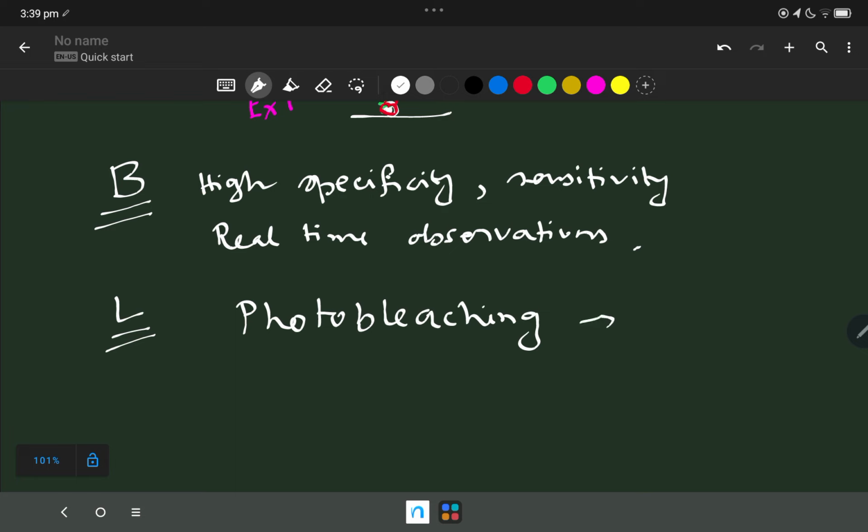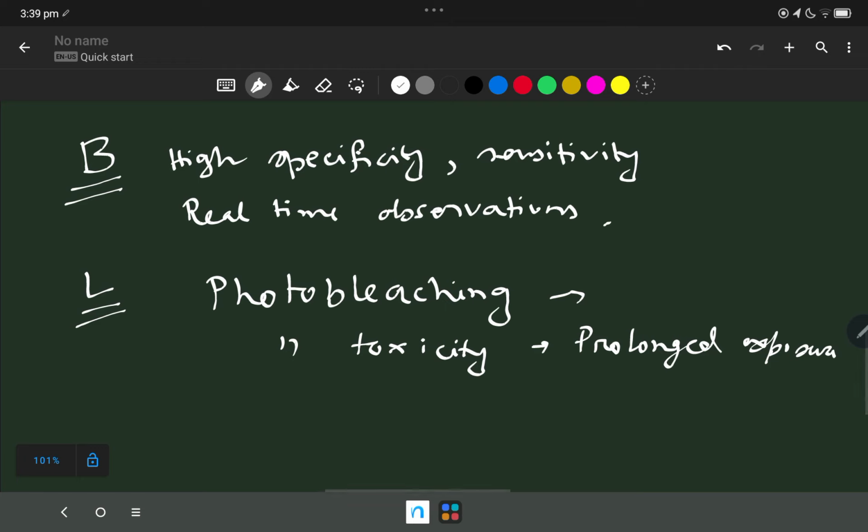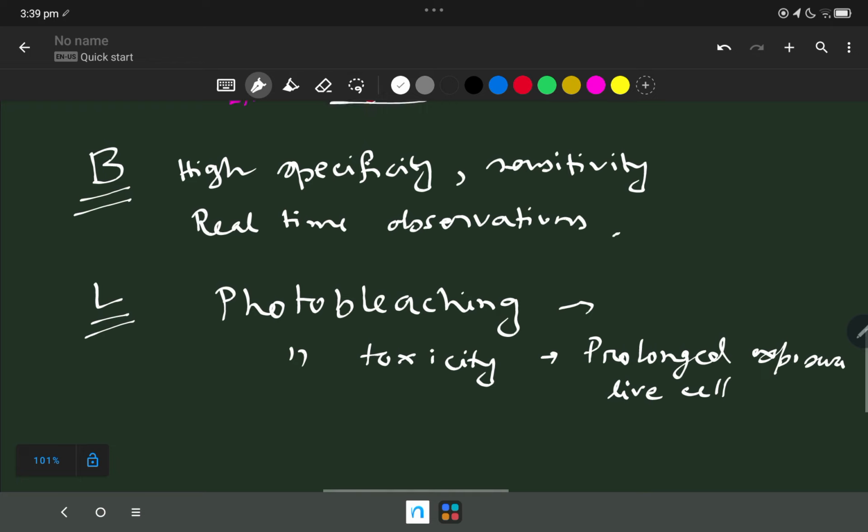The fluorophores can degrade over time with continuous exposure to light. There can also be phototoxicity. Prolonged exposure can damage live cells, which is called toxicity. So these can be the limitations.